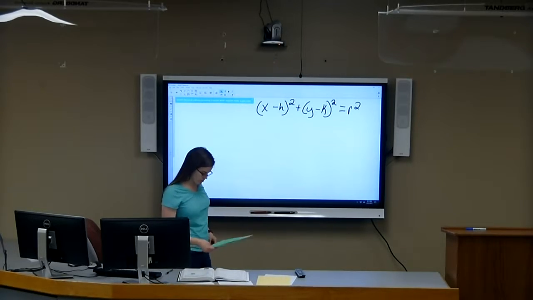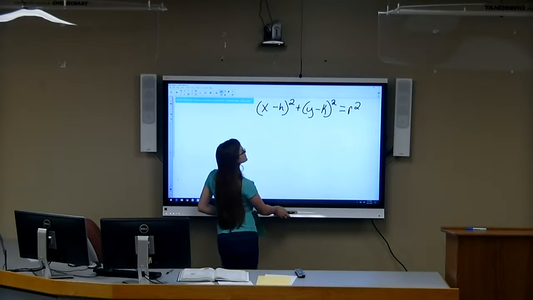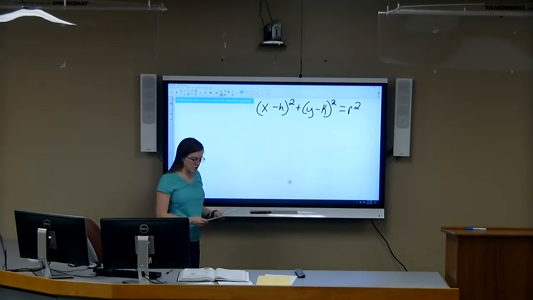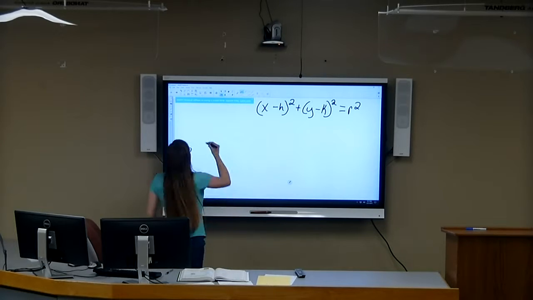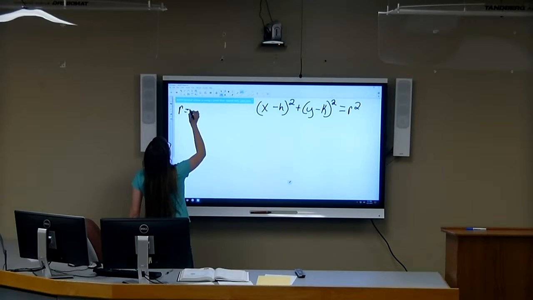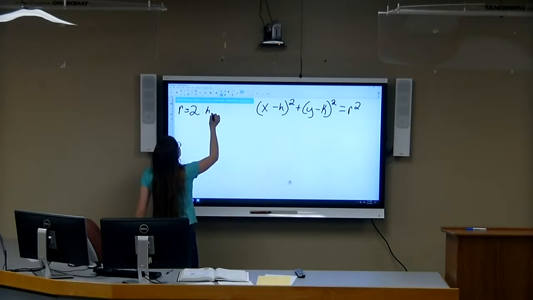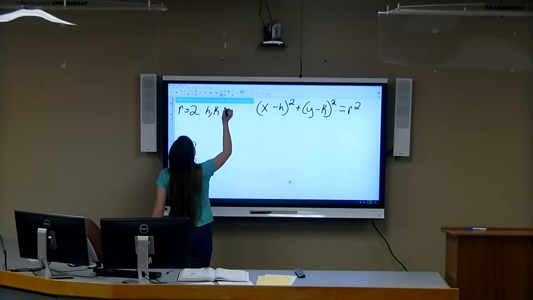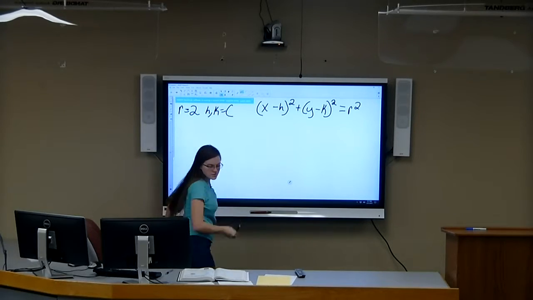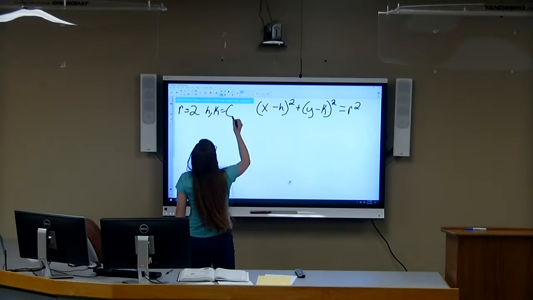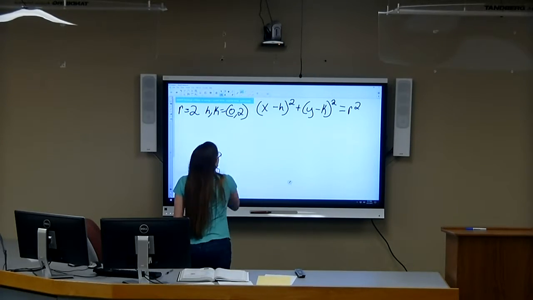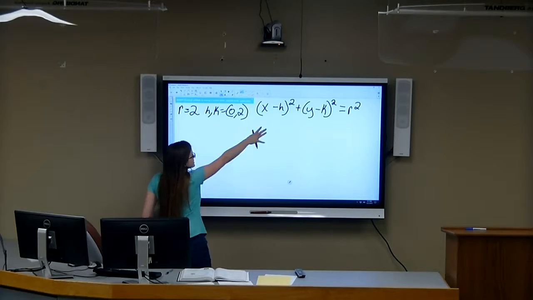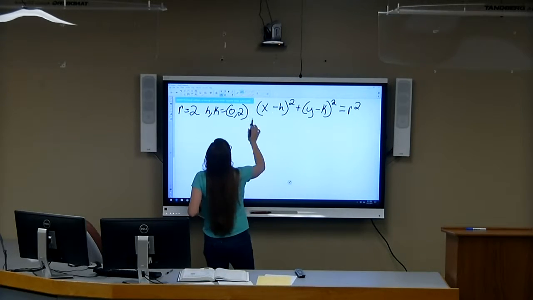So what you will do, because this is the standard form for the equation, is plug in the numbers, which is the radius equals 2 and h, k equals 0, 2. And you're plugging these in over here. So you leave x the way it is.